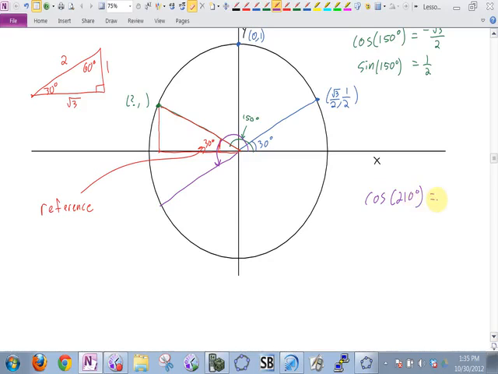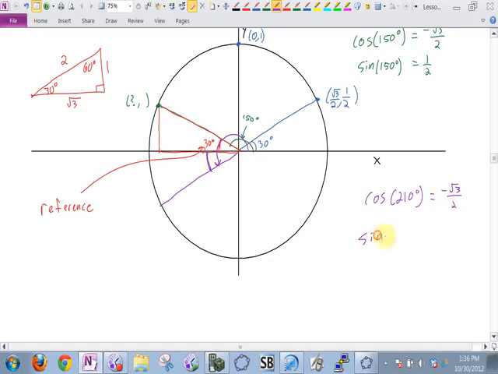How do you know you're still referring to 30? What is this angle right here, this terminal side makes with the x-axis? 30. What's 210 minus 180? Your reference angle is still 30 degrees. So therefore, I go to this point and say, well, hey, cosine 30 is radical 3 over 2. Mine must be negative radical 3 over 2.